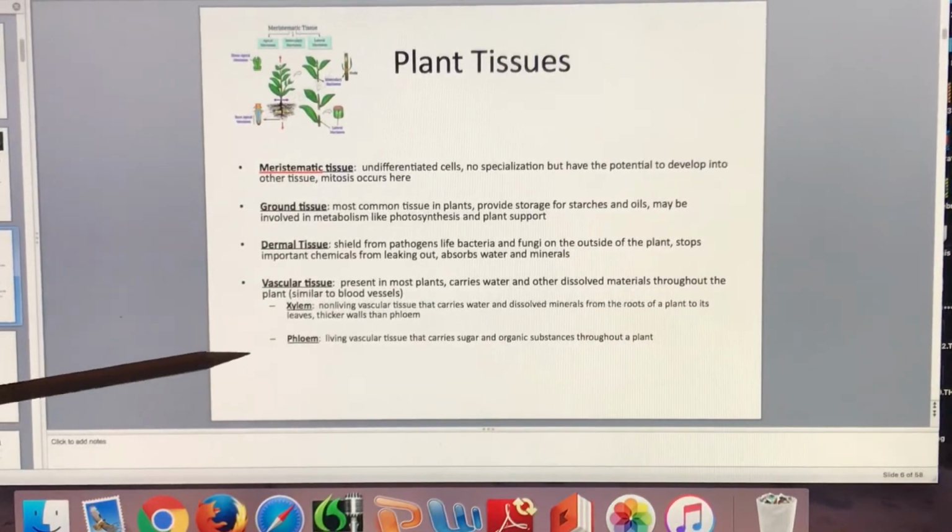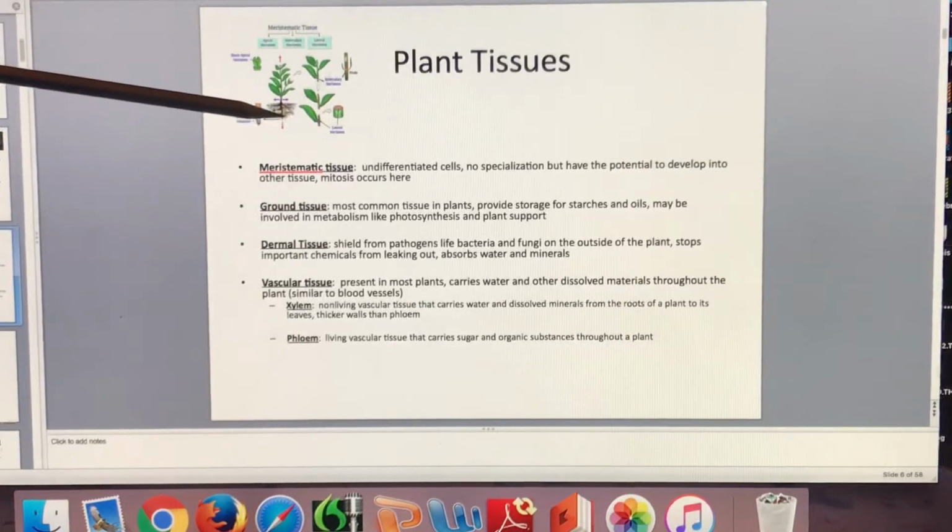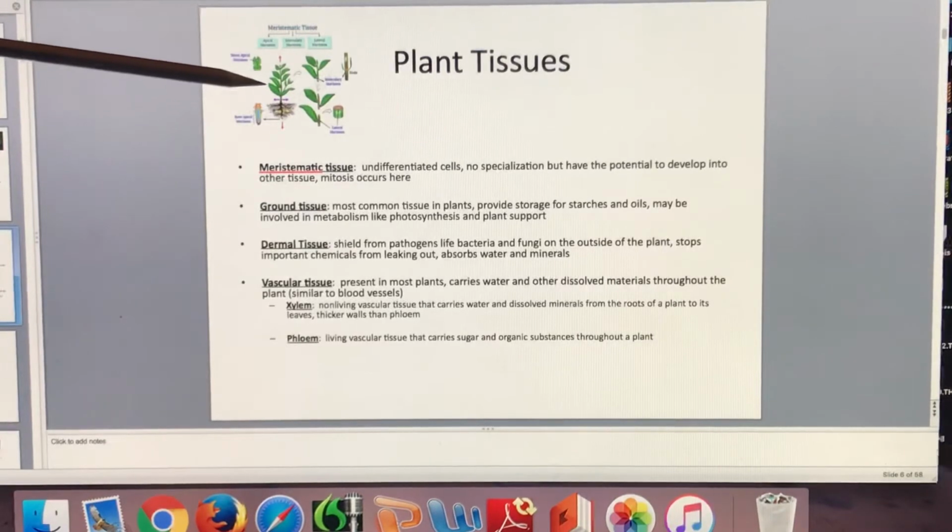So the two different types of vascular tissue would be the xylem and the phloem. Now, the xylem is actually a non-living vascular tissue, and it carries water and dissolved minerals from the roots of the plant to its leaves.